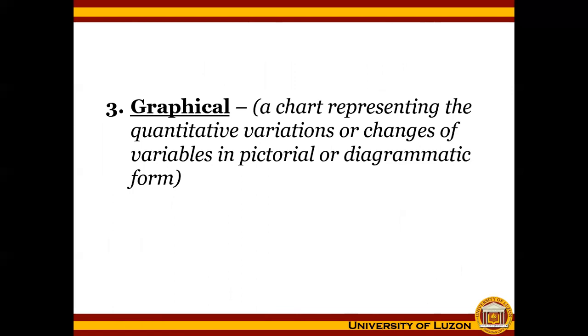Now, we have mentioned two ways to present. We have textual, and then we have tabular. We have another one. We have graphical. Obviously, graphical is where we provide charts to represent the quantitative variations or changes of the variables in pictorial or diagrammatic format.